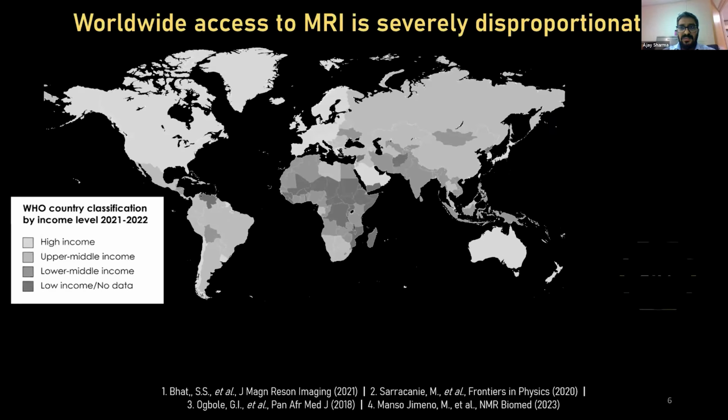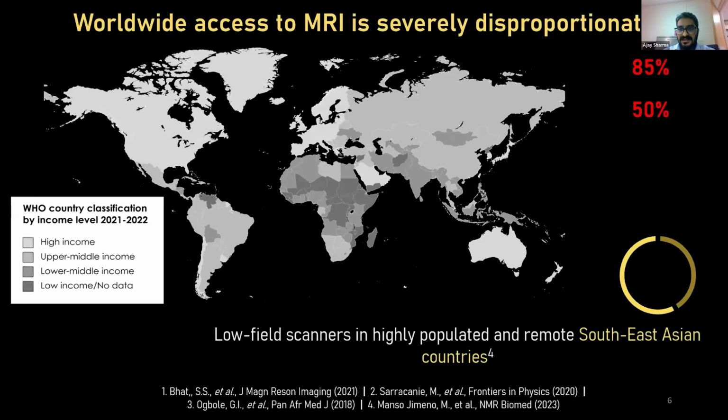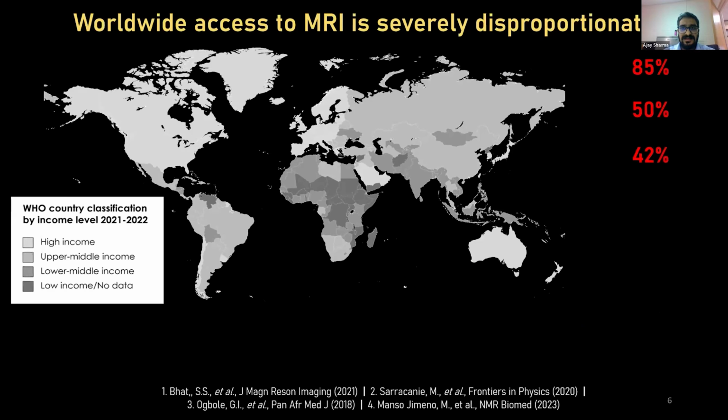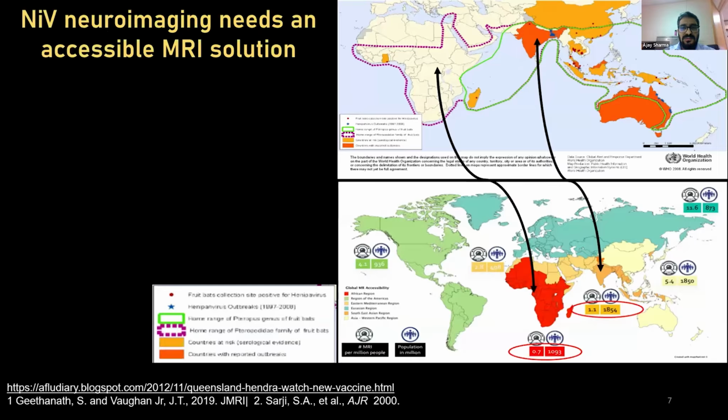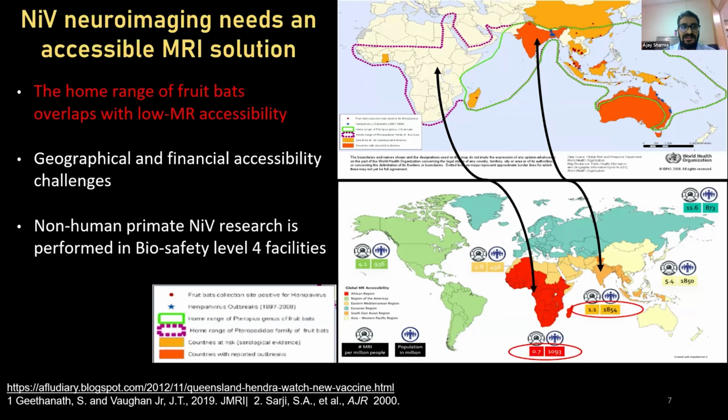In Southeast Asian countries, where there is a higher population, and in remote regions, accessibility of MRI is very low. So Nipah virus neuroimaging needs an accessible solution, as outbreaks can be larger. Whenever there is an outbreak, you need to monitor neurological changes, which MRI can do easily.